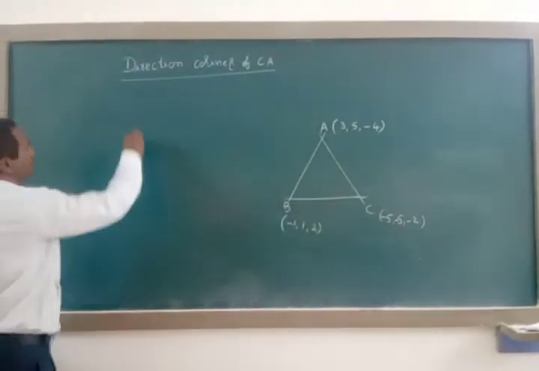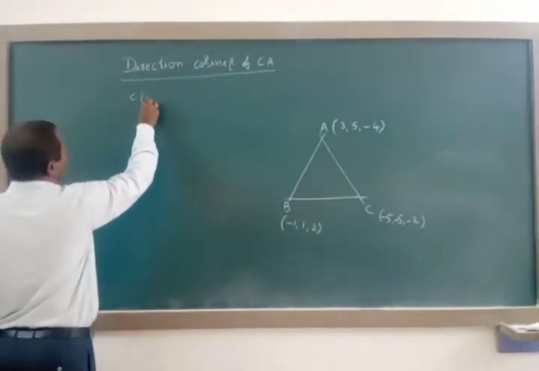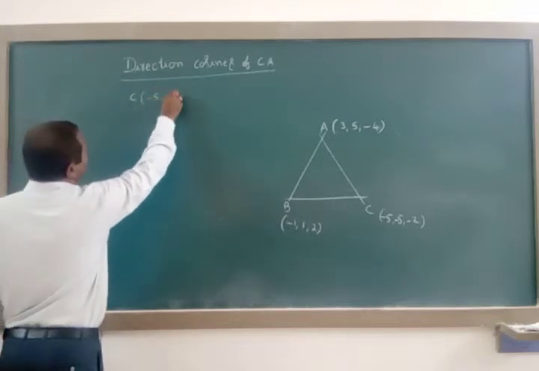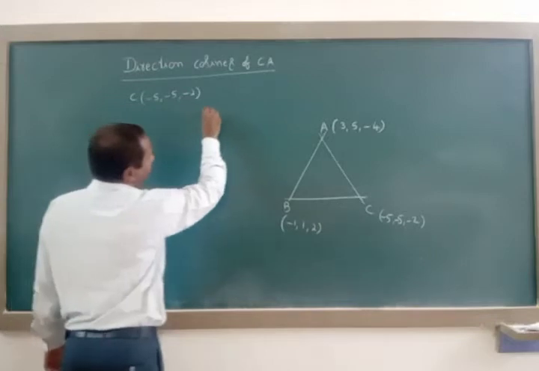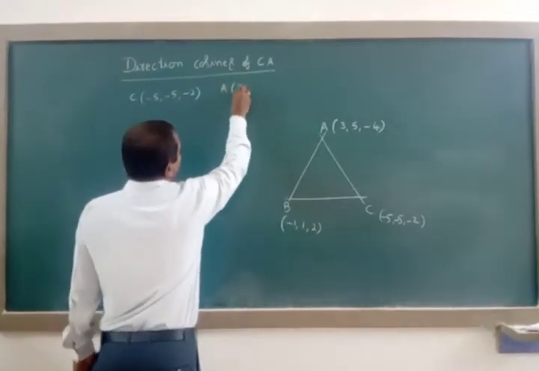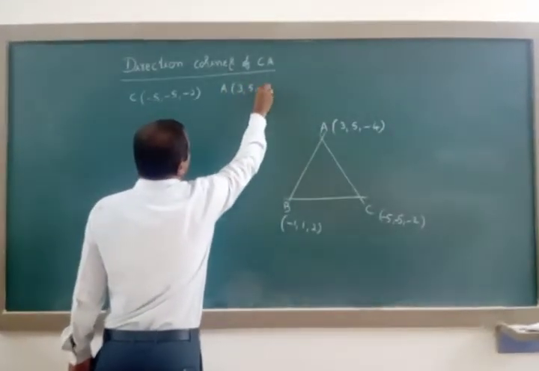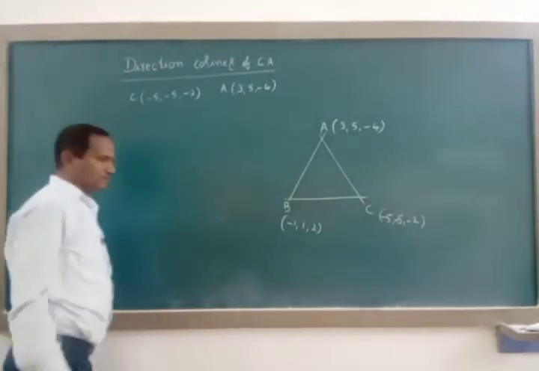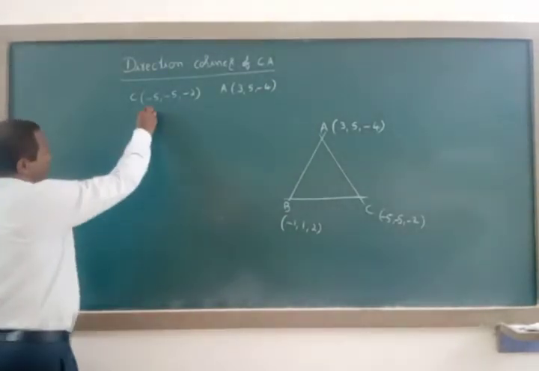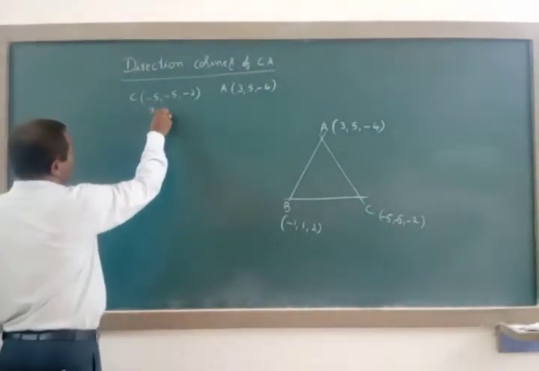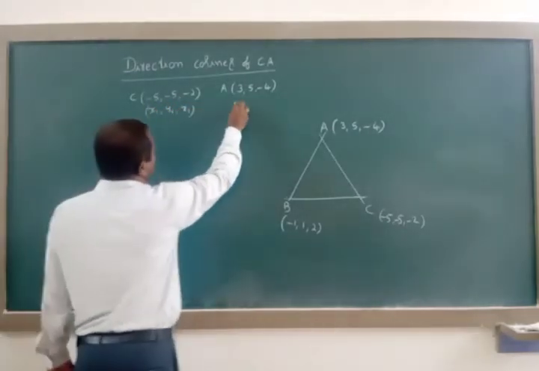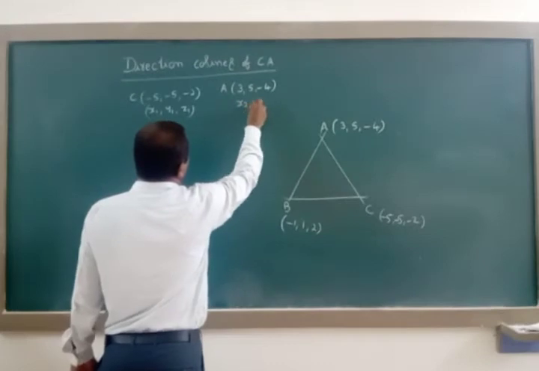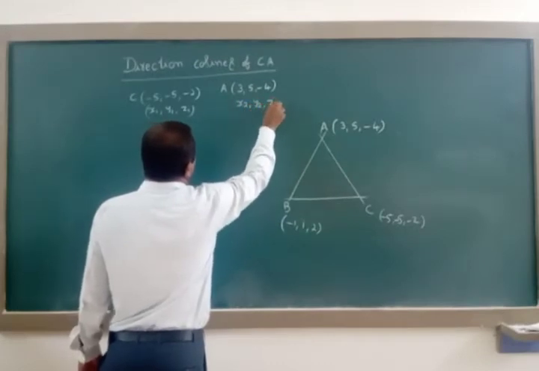Let's see. We consider C as minus 5 comma minus 5 comma minus 2, and A as 3 comma 5 comma minus 4. C is considered as x1, y1, z1, and A is considered as x2, y2, z2.